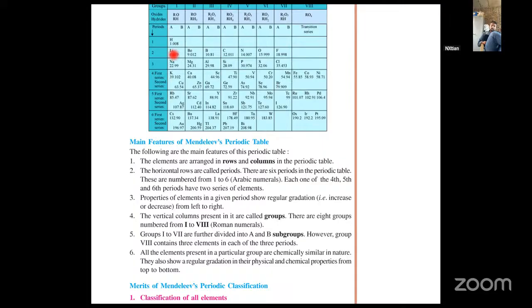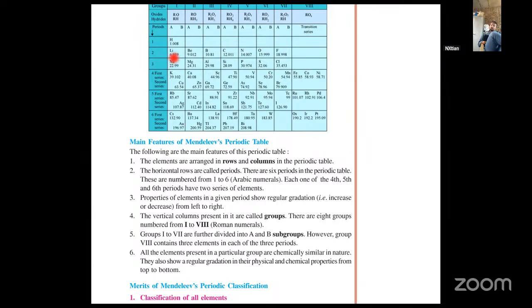You can check that there are some trends found. What trend is found? Lithium is a highly electron donor, meaning it donates electrons easily. Then beryllium is an electron donor, but not more than lithium. Boron is also an electron donor, but not more than beryllium and lithium.